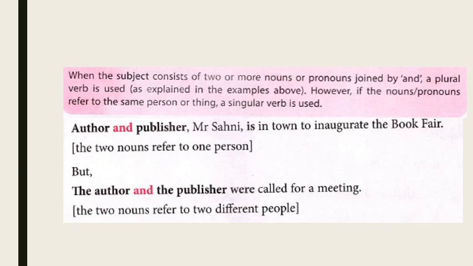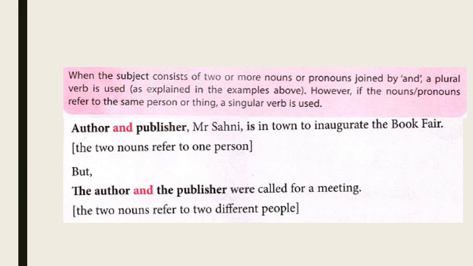Now coming to the rules. When we have a subject, that is noun or pronouns, joined by and, but it is referring to the same person, then we are going to use a singular verb. As in the example, author and publisher is referring to one single person, that is Mr. Sahni. That is why we use the verb is.